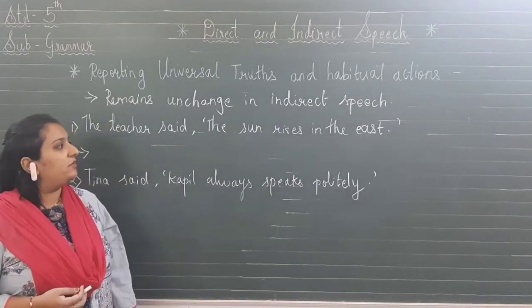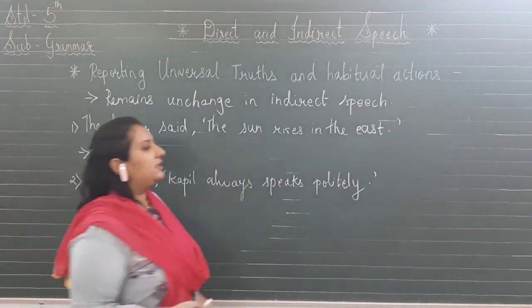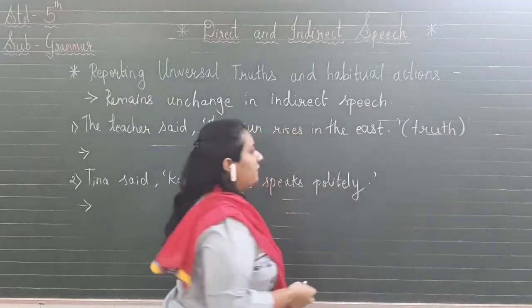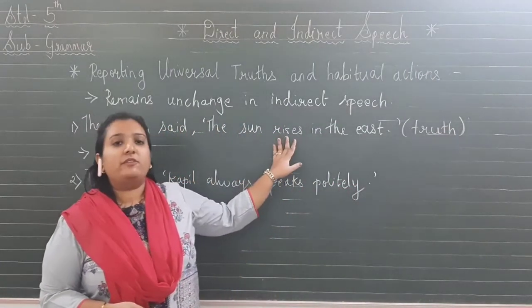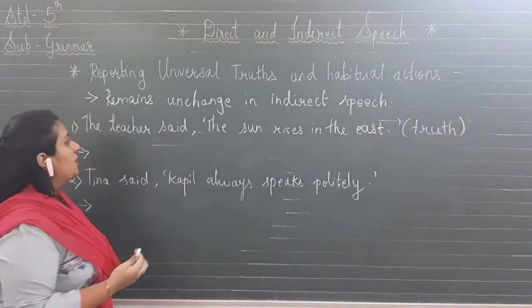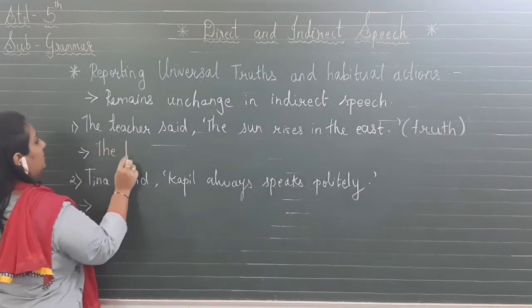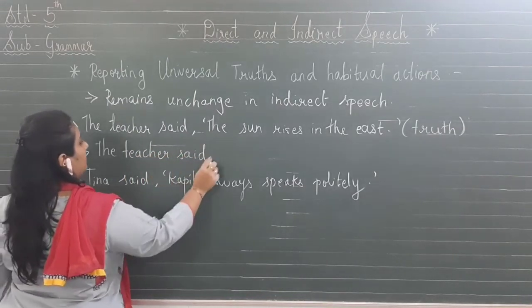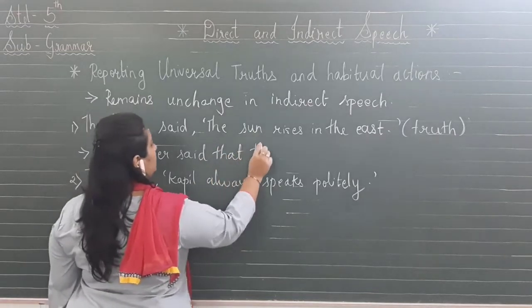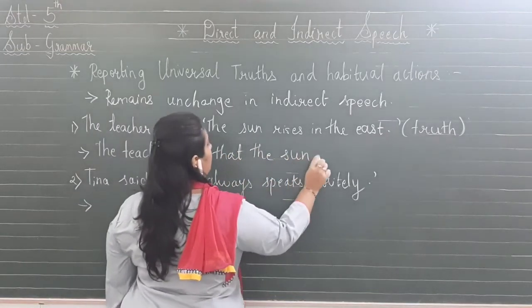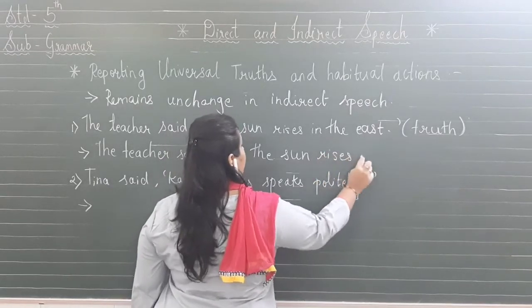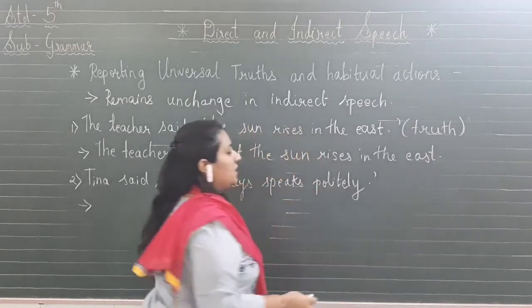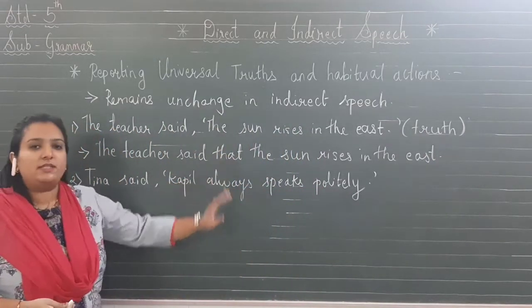We identify that the sun rises in the east is a truth. So if the sentence is a universal truth, there will be no change in indirect speech. The teacher said that the sun rises in the east.